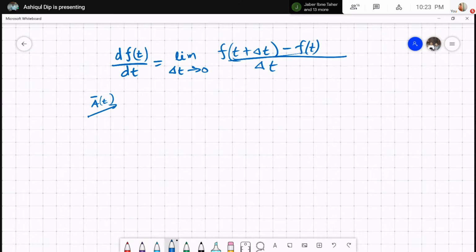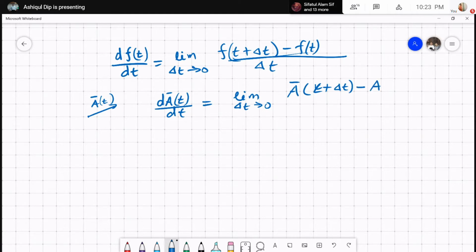We define our derivative of A with respect to t in a similar fashion to what we did with scalar quantities. We evaluate that A vector at some future point, t plus delta t, a little bit in the future of that t point, then subtract A of t from that and divide it by delta t.